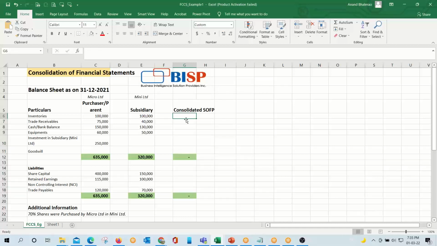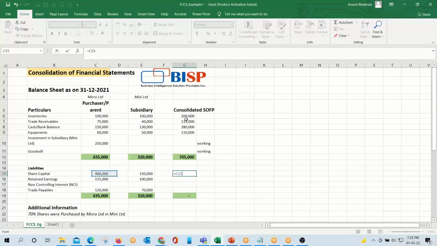In this consolidation, we simply add the assets and liabilities of parent and subsidiary. So trade receivable, cash and bank balance, equipment. Investment is there, so for investment we do the working. Goodwill, for this we will be doing the working.